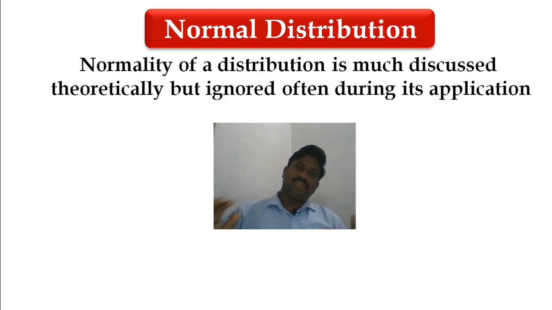Data should be normal. We have some assumptions to use a particular statistic, but when it comes to application, we just ignore them. So it should not be ignored when we start our testing or any statistical analysis.